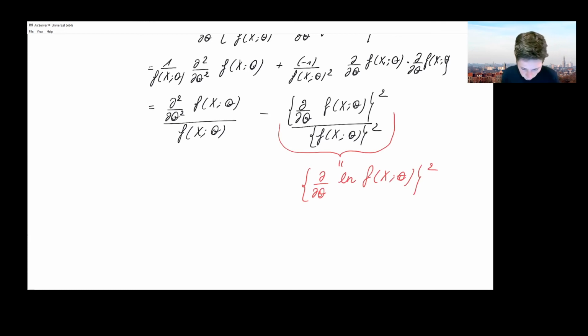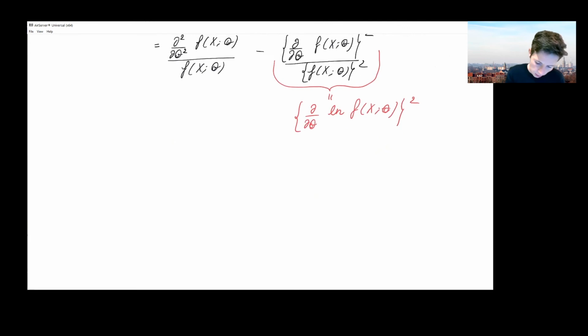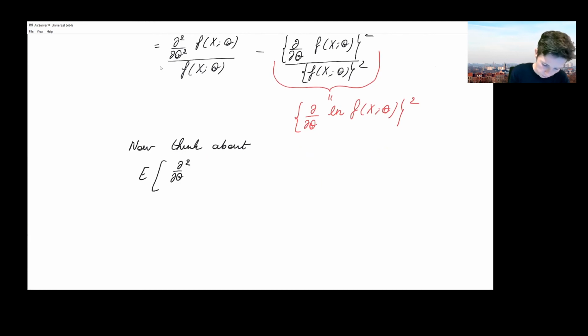We're going to look particularly at what the expected value of this term is, if you consider x to be a random variable. Okay, so let's do that. Now think about the expected value of the second order derivative of the density divided by the density.